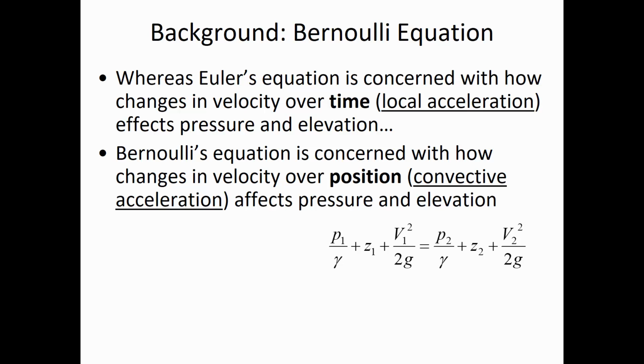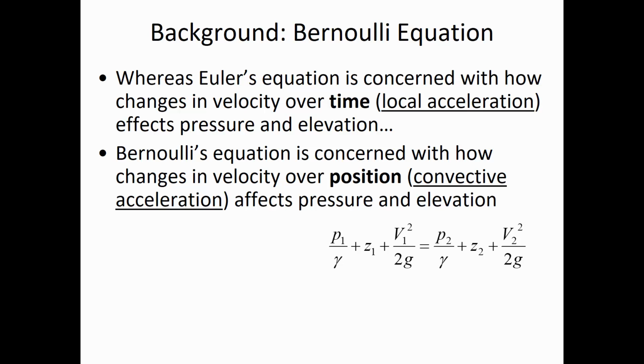And then we're going to add it to this third term, which is called velocity head. Let's look at the units of velocity head. We have meters per second for velocity, which we square, and then it's divided by g, which is meters per second squared. The second squareds will cancel out.